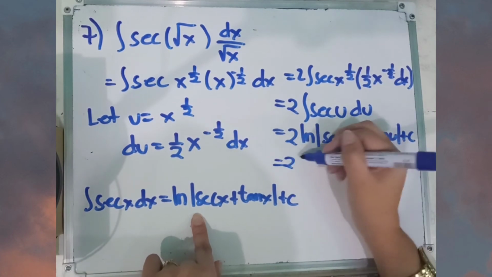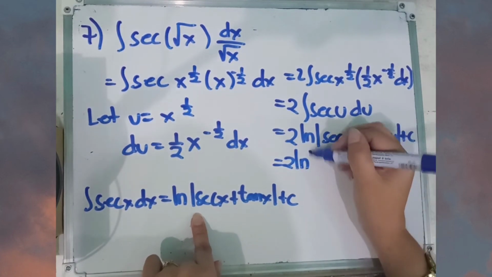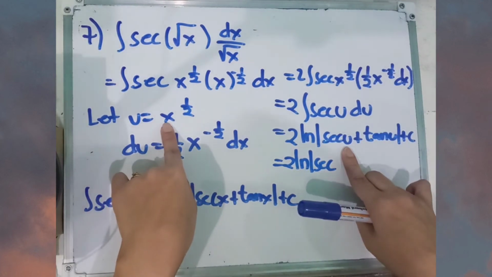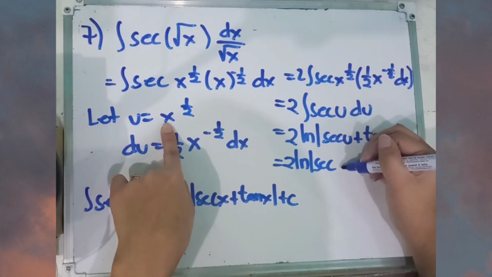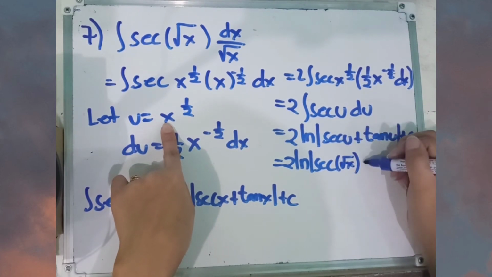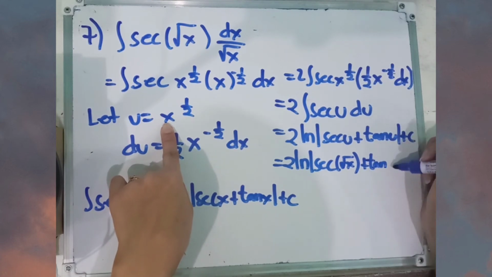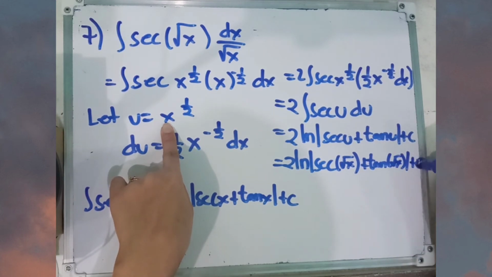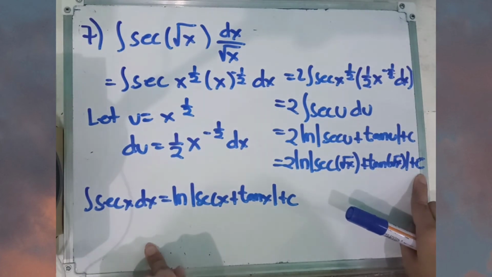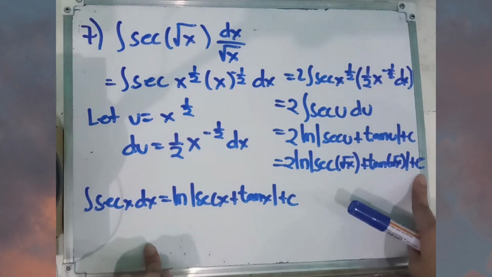And back substituting, u is x to the power of 1/2, or simply the square root of x. So the answer is 2 ln|secant square root of x plus tangent square root of x| plus c. I'm sorry it doesn't fit on the board anymore, but I hope the answer is clear.